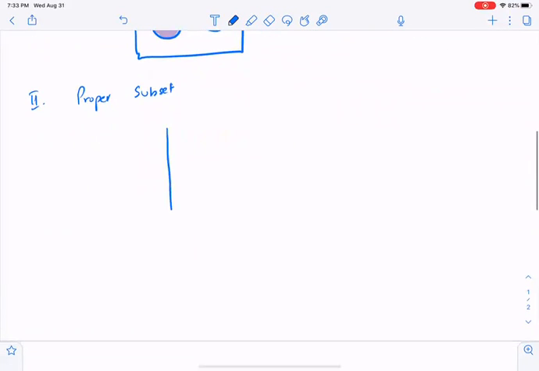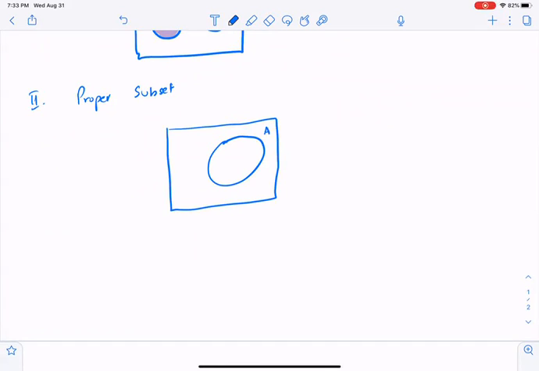So I drew a set A. Set B inside A is a proper subset because B is a part of the set A, and whatever is left behind will be the universal set.